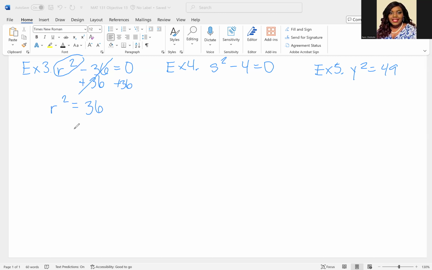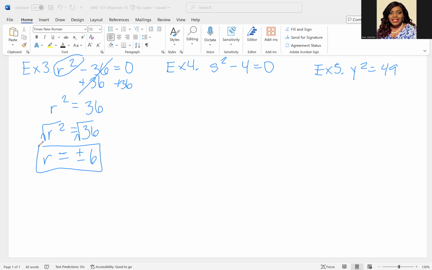Now that we have that r squared by itself equals something else, now we can take the square root of both sides. Okay? The square root of r squared is going to be r, and the square root of 36 is going to be plus and minus 6.